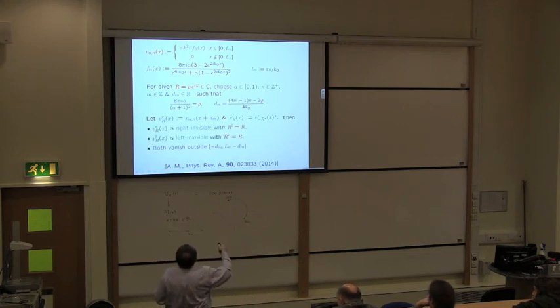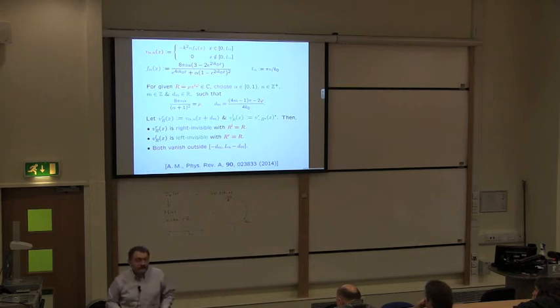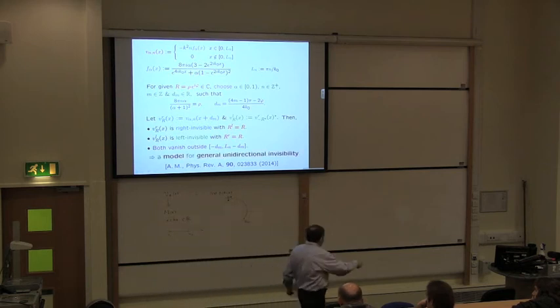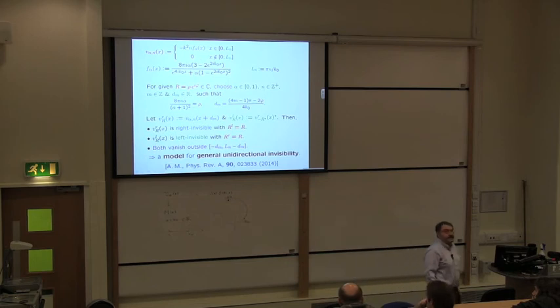And this gives you the right invisible potential with given left reflection, and using the properties of the left and right reflection amplitudes under time reversal, you can show that if you take this potential, you get the corresponding left invisible ones. So this calculation essentially gives you a general model for unidirectional invisibility.